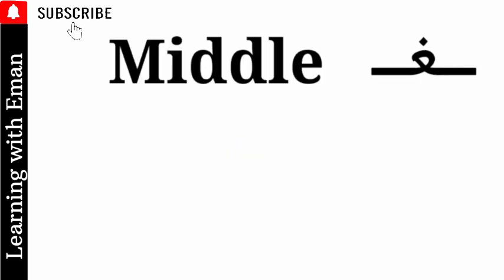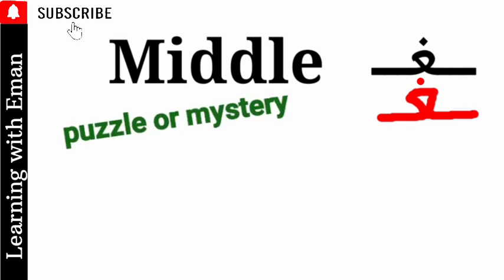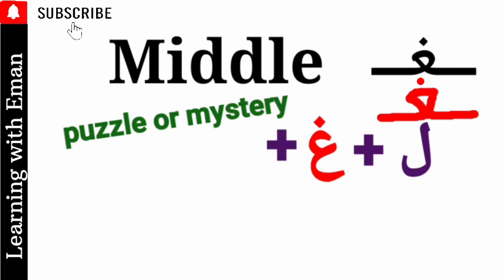Here's how to write the middle form. Like لغز, means puzzle or mystery. لو. غ. زي. لغز.